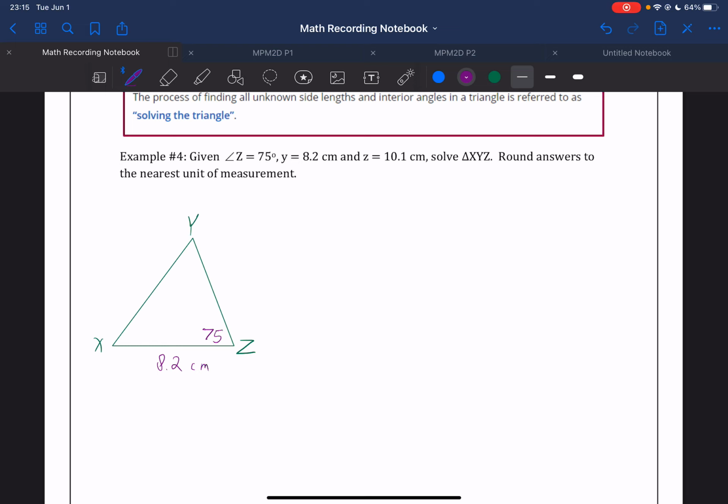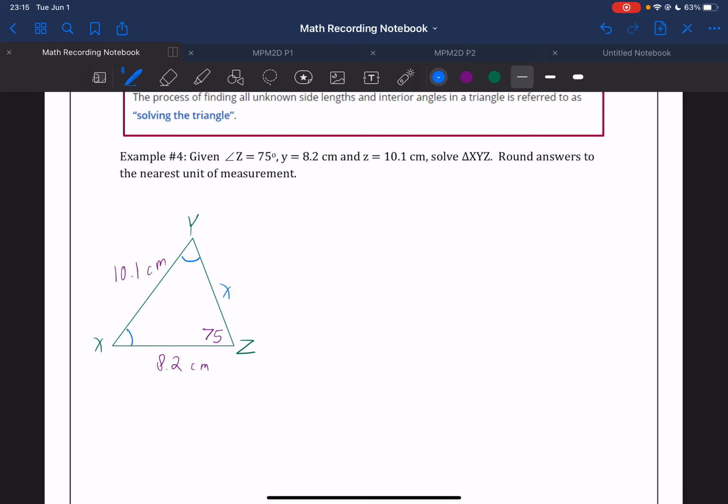We have a z length of 10.1 centimeters. What we need to find is the x side, which is right there. So we need to find what little x is. I'm going to put those in blue so we can see what we're looking for. Little x. We're having some tablet issues. There we go.